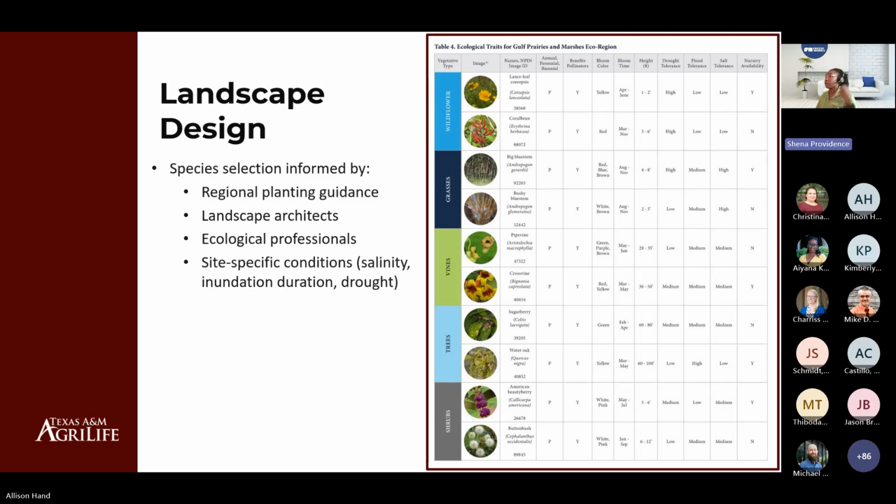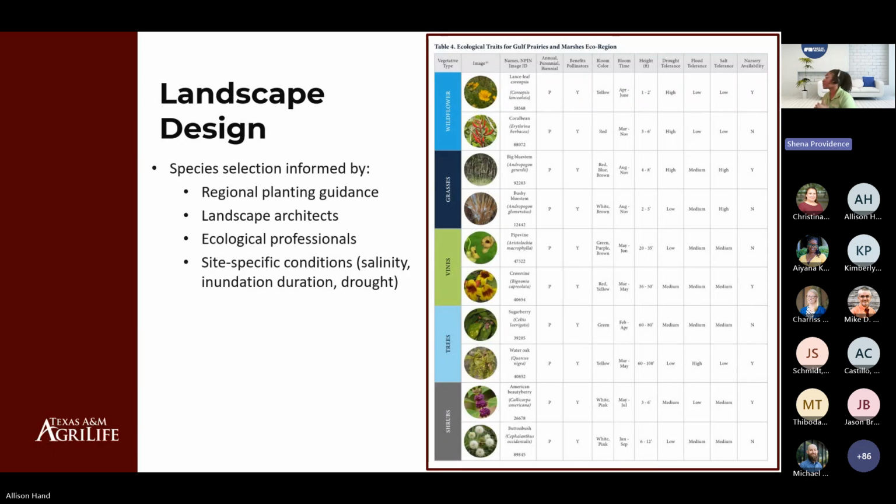And so really, the story here is that effective vegetative species selection for green infrastructure should be informed by your own regional planting guidance, expert input from landscape architects and ecological professionals, as well as a thorough understanding of the local ecoregions and site-specific conditions. Just looking through this table, again pretty high level, you'll notice that the vegetative types highlighted within this matrix are wildflowers, grasses, vines, trees, and shrubs.